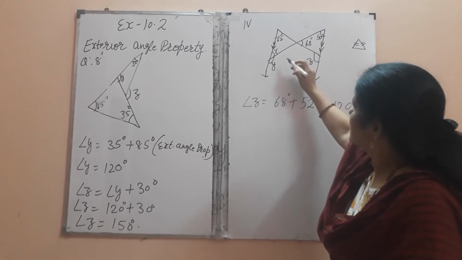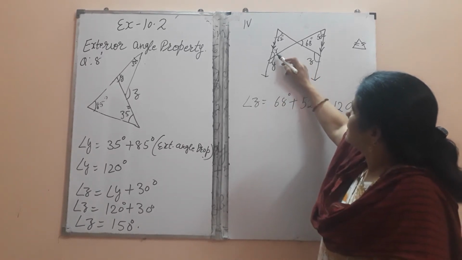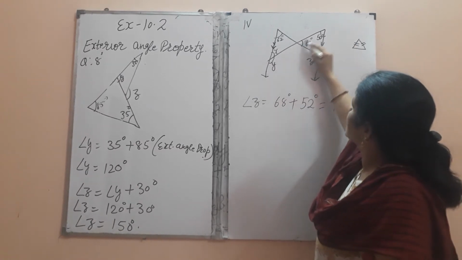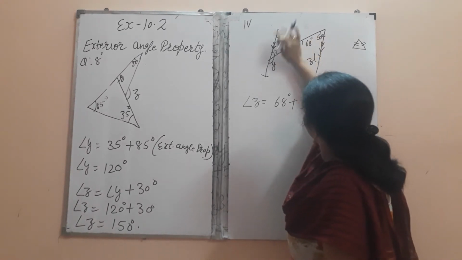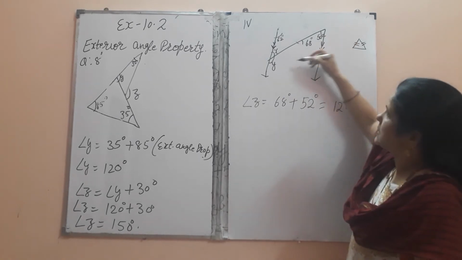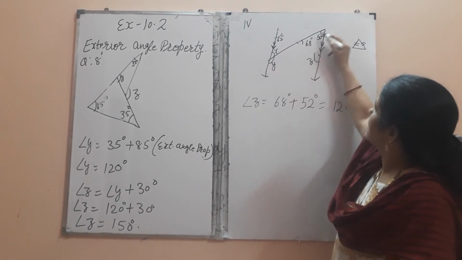Now, x we can find. Angle x: this line is parallel to this line and this is the transversal. Forget about this line for some time. This line and this line are the parallel lines and this is the transversal.